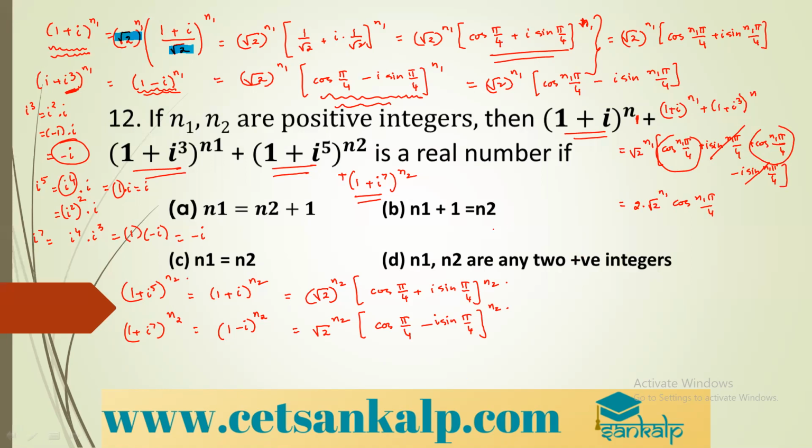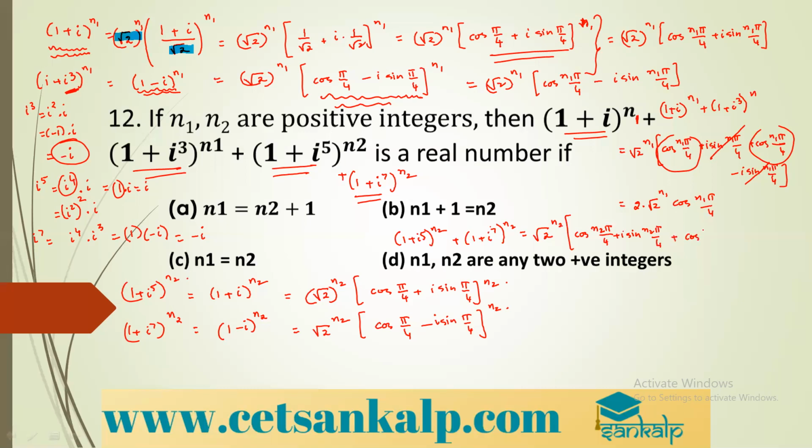Similarly, when I add (1 plus i power 5) power n2 plus (1 plus i power 7) power n2, I will take root 2 power n2 common, applying De Moivre's theorem and adding cos n2 pi by 4 plus i sin n2 pi by 4, where the power n2 I have multiplied to pi by 4.